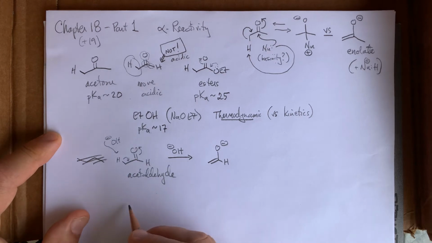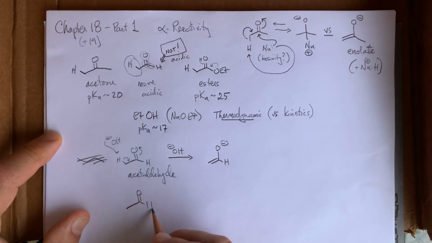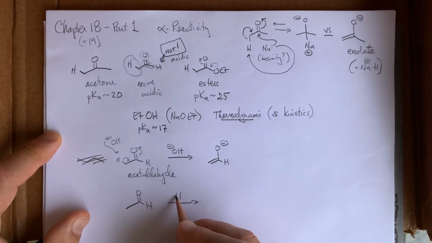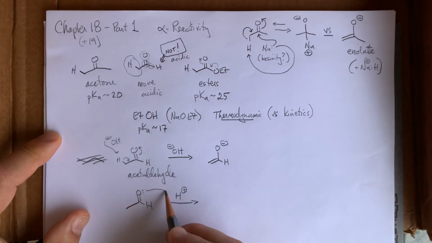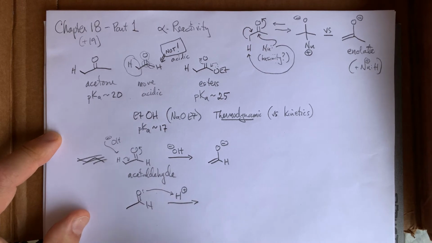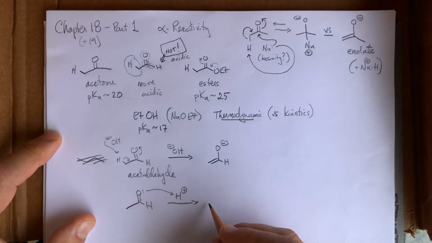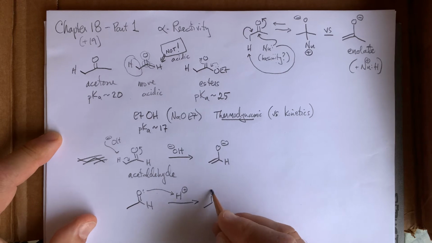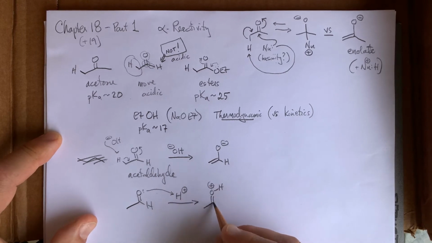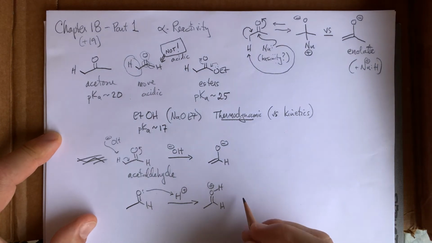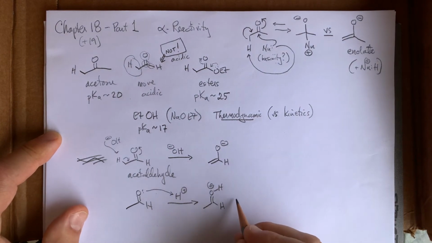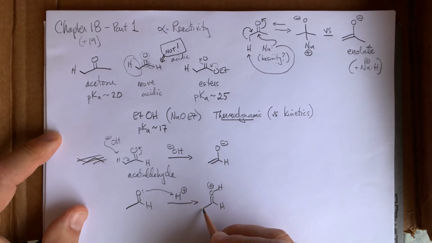Similarly, if you take acetaldehyde and put it under acidic conditions, you have a longer set of reactions, but you will protonate the carbonyl. You always protonate the oxygen of any carbonyl if you're going to protonate anything, and then the proton falls off.